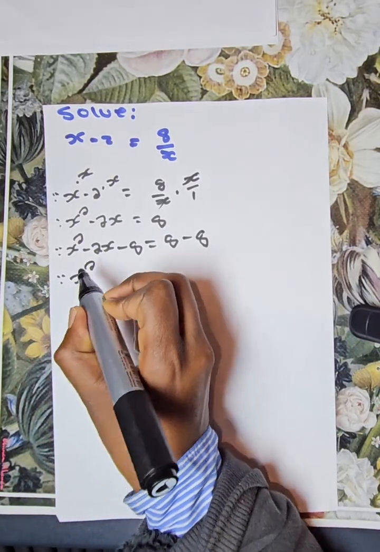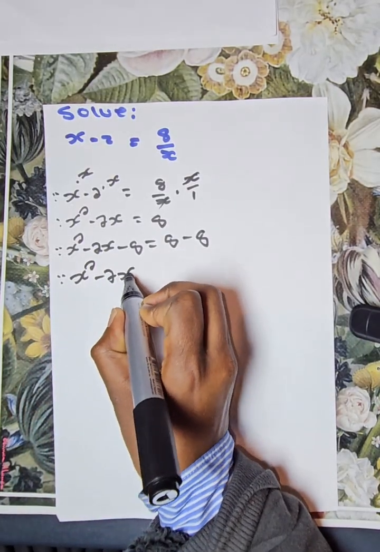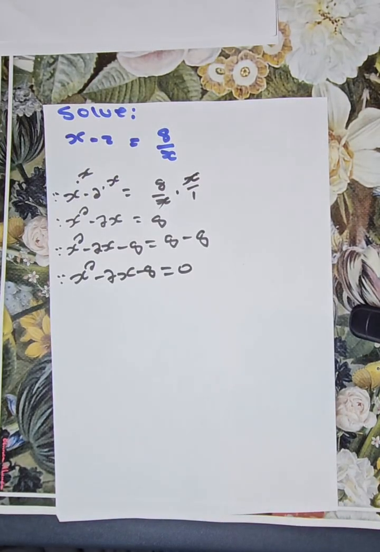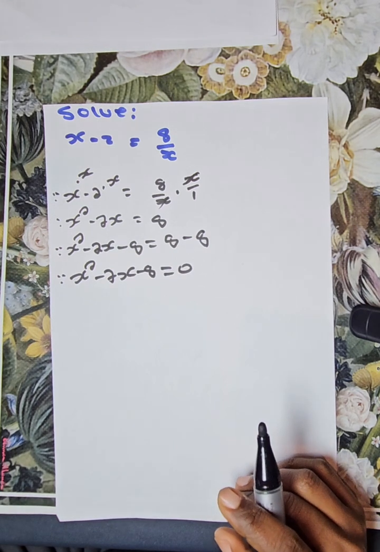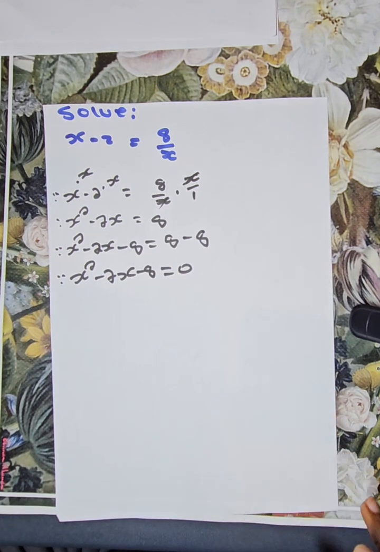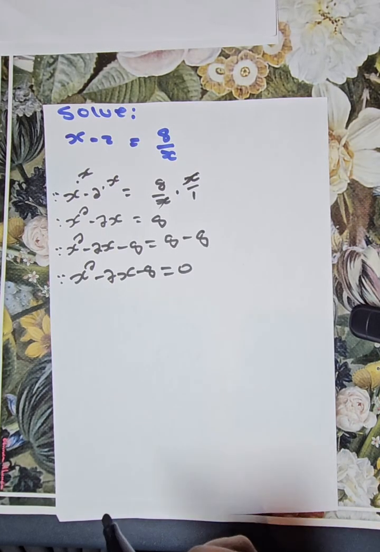This simplifies to x squared minus 2x minus 8 equal to 0. In order to solve, we need to factorize.